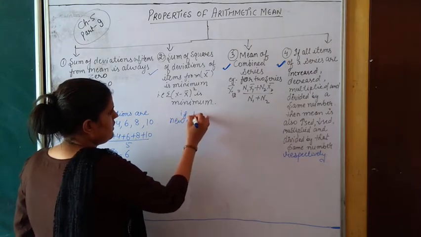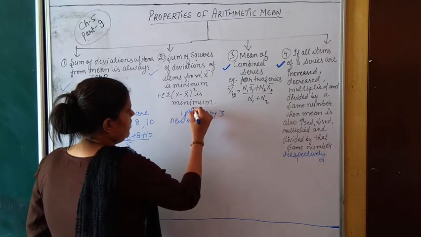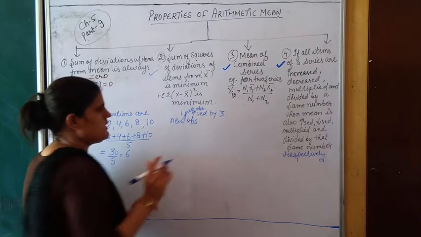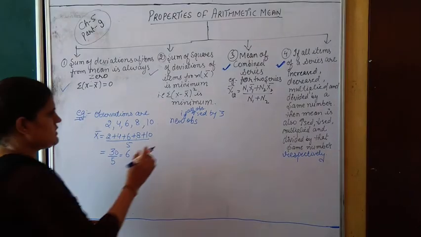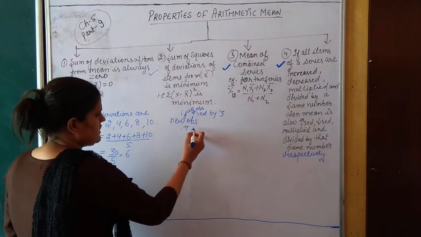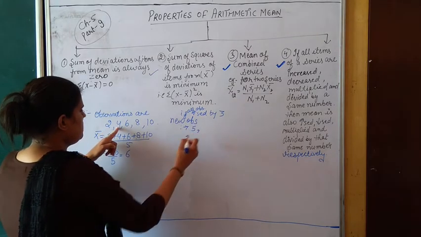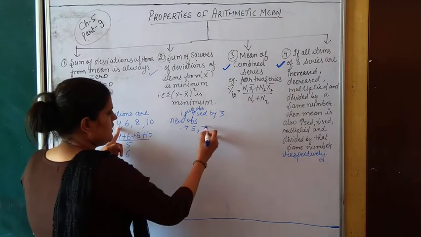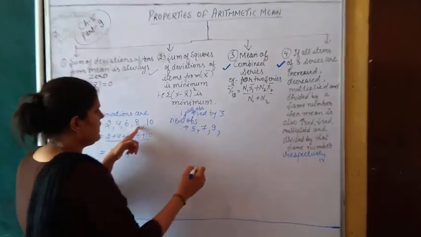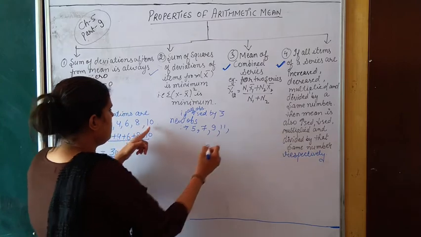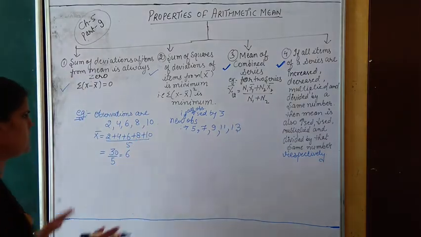If all observations are increased by 3, then our new observations will be 2 plus 3 is 5, 4 plus 3 is 7, 6 plus 3 is 9, 8 plus 3 is 11 and 10 plus 3 is 13. So these are our new observations.